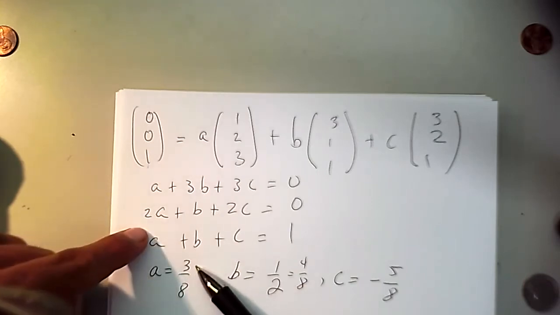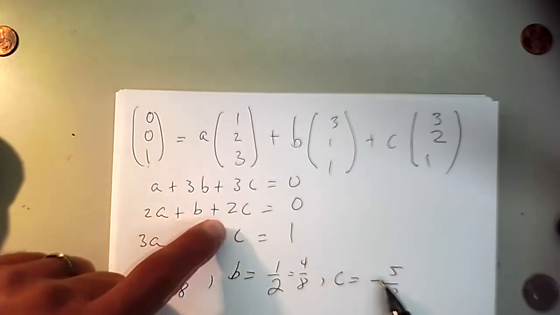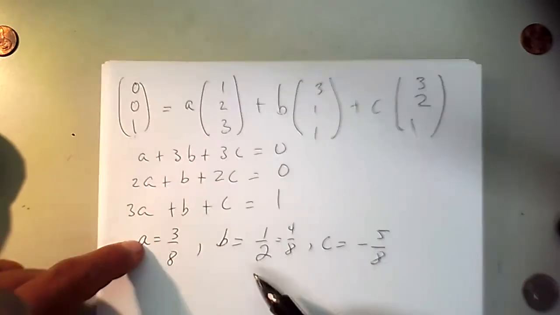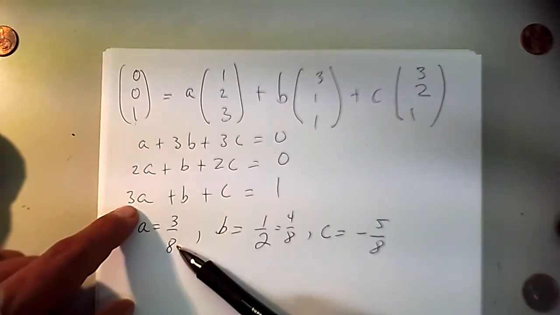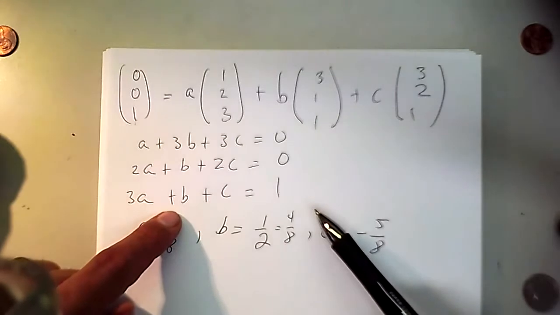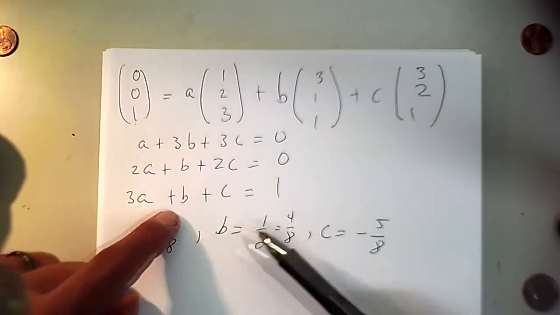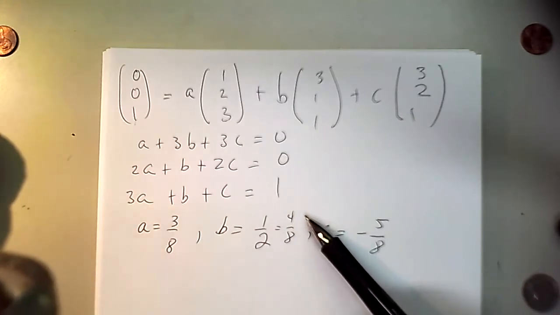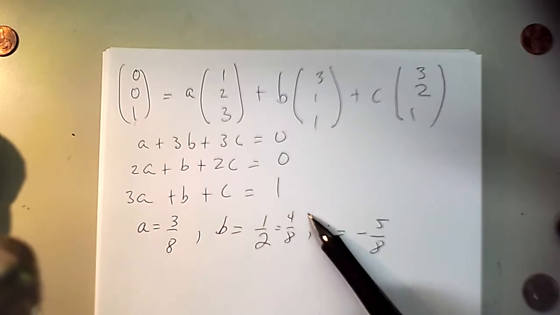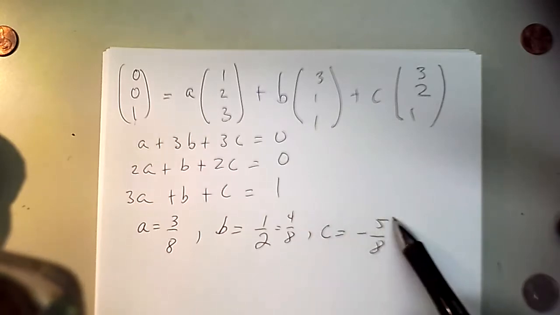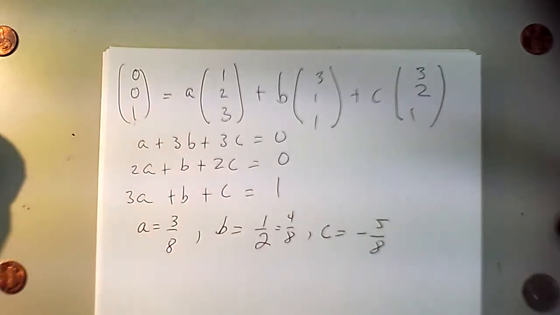Okay, so 6/8 plus 4. Oh, that's 10. 10/8 minus 10/8. Yep, that works. And then 3, so that's 9/8 plus 4/8. That's 13/8 minus 5/8. Oh, that's 8/8. So that works. So this combination works.